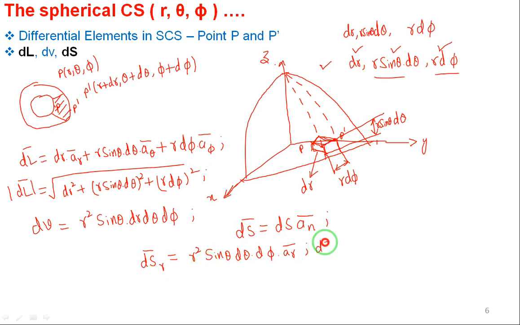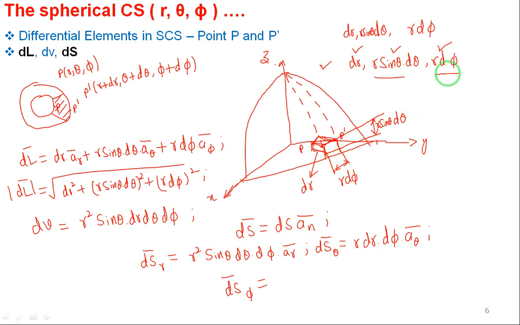Then the differential surface area along the theta direction, meaning the top surface and bottom surface. Blindly I will write: the middle one, d theta, I will leave and multiply the other two. r dr d phi into a theta. This is the differential surface area along the theta direction. Next, the differential surface area along the phi direction.